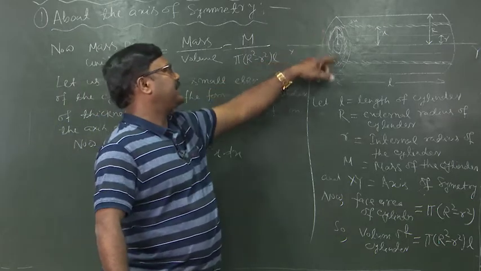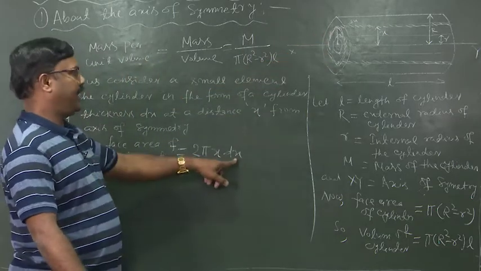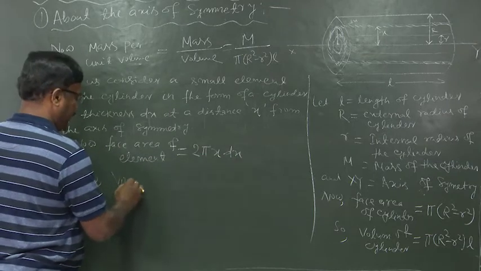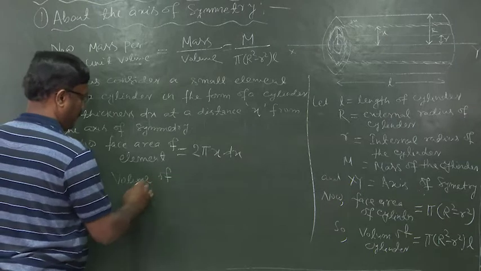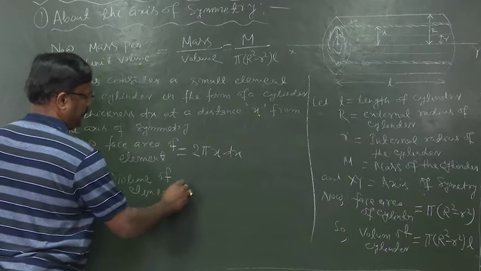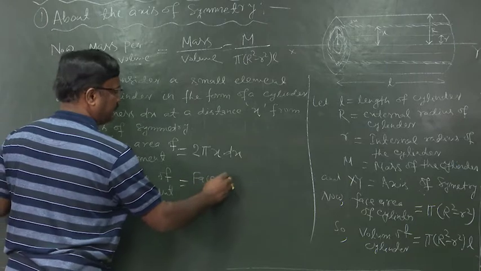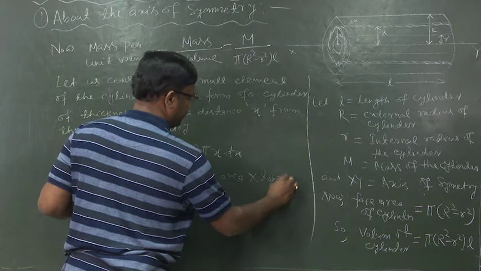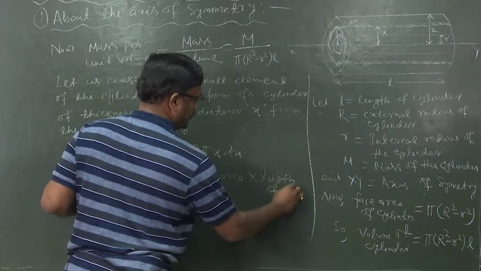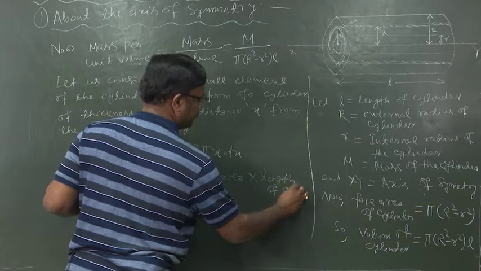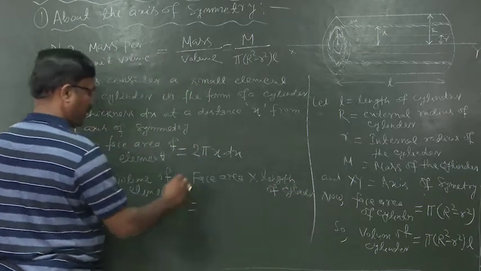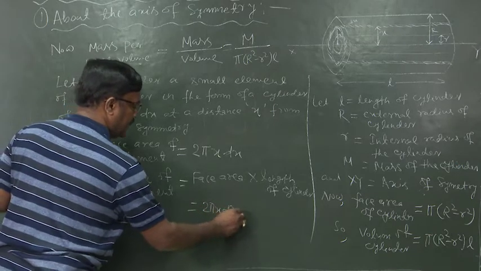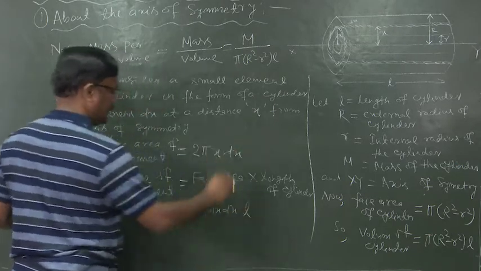So, the face area of the element is 2 pi x dx. So, the volume of the element is equal to the face area multiplied by the length of the cylinder, which is 2 pi x dx into L, where L is the length of the cylinder.